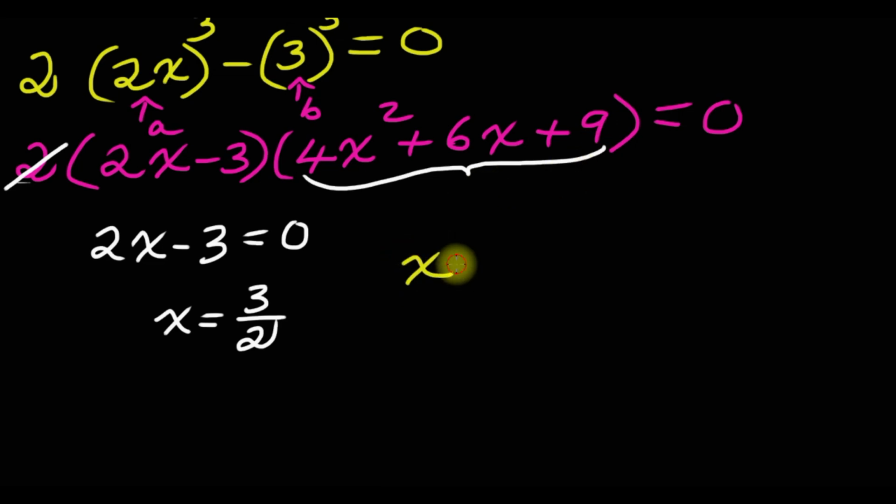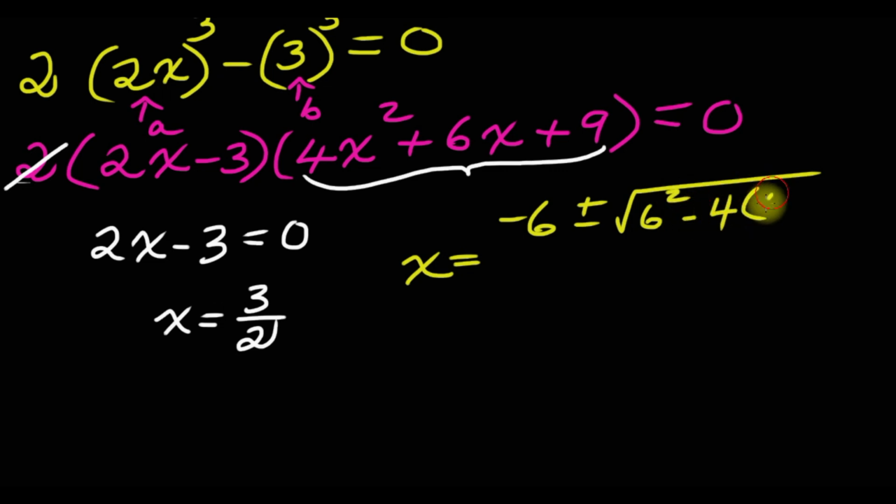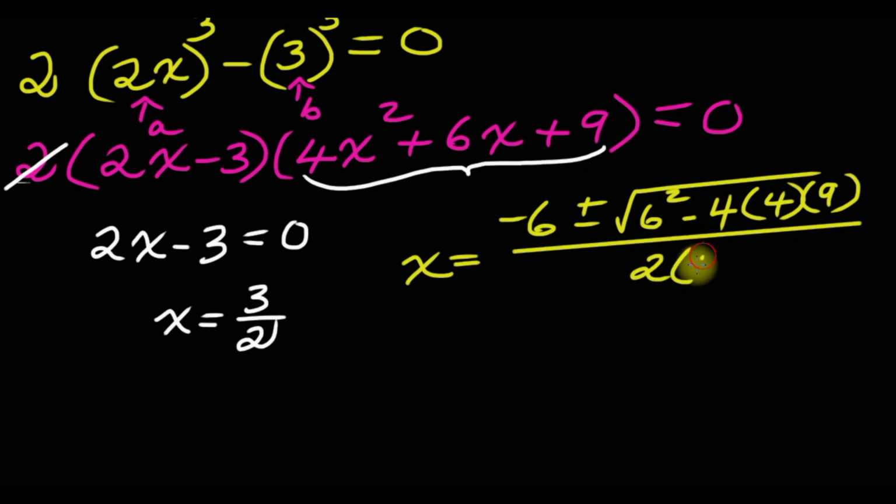To find x, I would do the opposite of b, so negative 6 plus or minus the square root of 6 squared, take away 4ac, and that whole thing over 2a, so 2 times 4.